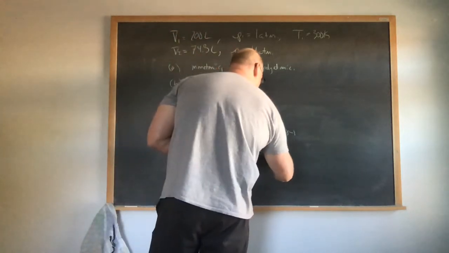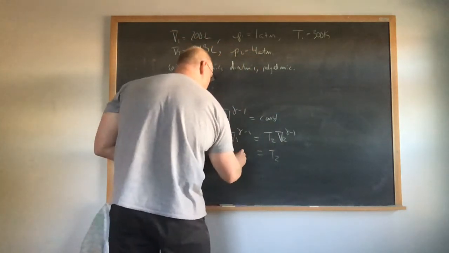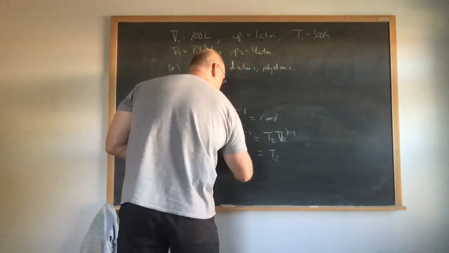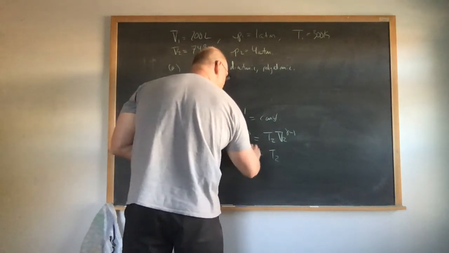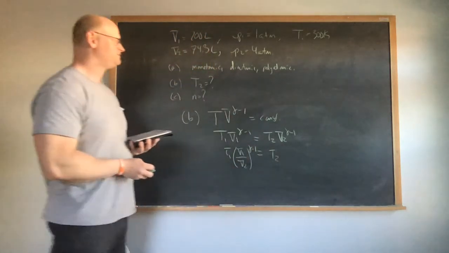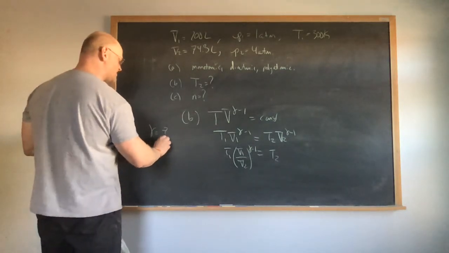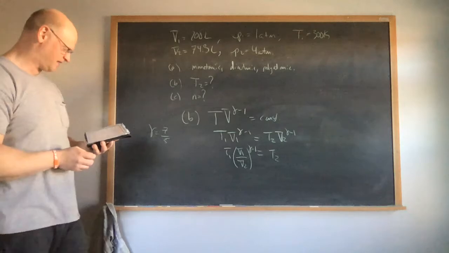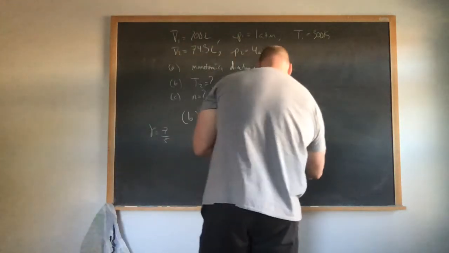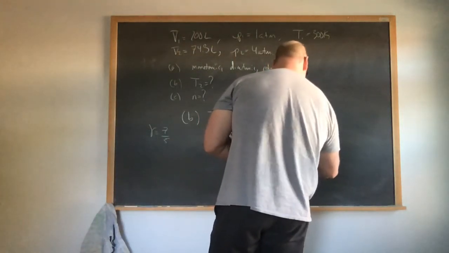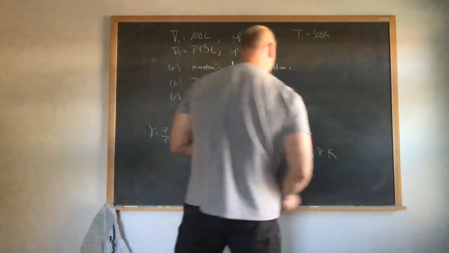That means the final temperature is equal to the initial temperature times the ratio of the initial volume to the final volume raised to the gamma minus 1. We now know what gamma is. Again, from part A, gamma is equal to 7/5. I can plug that in, and this works out to be 455.8 Kelvin.